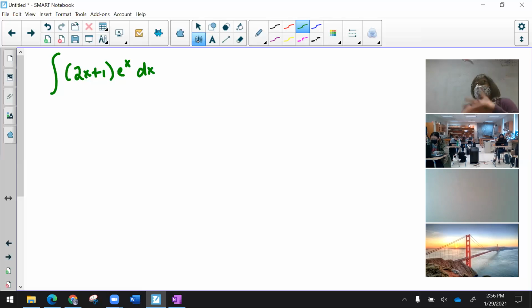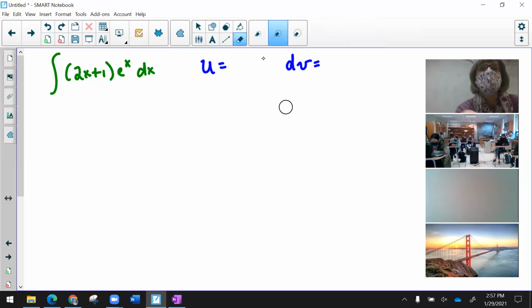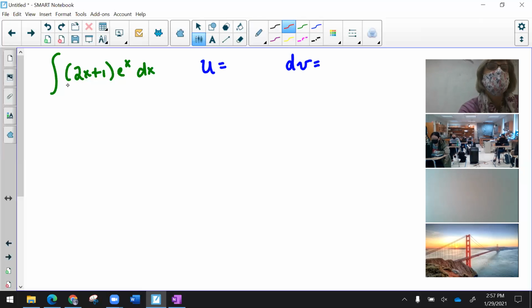Okay? So the next tool that you have is integration by parts, which means you have to figure out what u is, and you have to figure out what dv is. Usually when you do this, you've got two functions that are multiplied by each other, and one of those functions is going to go with the dx and be your dv.